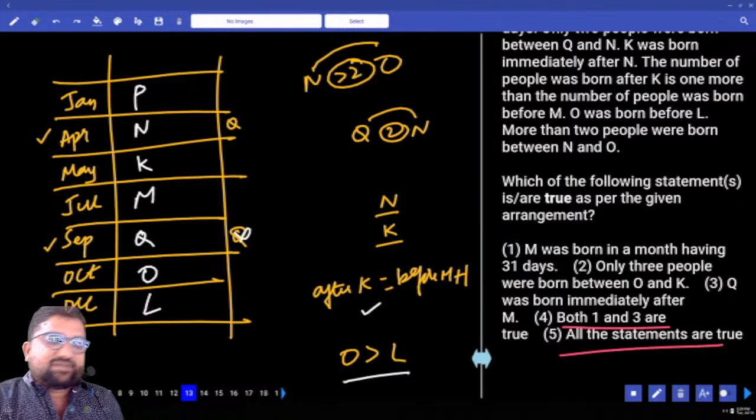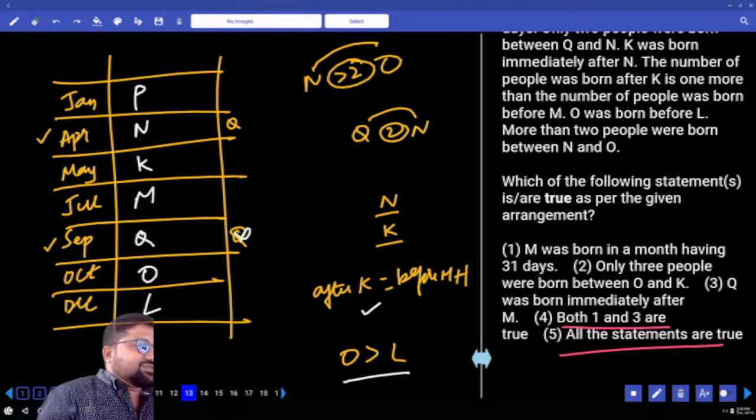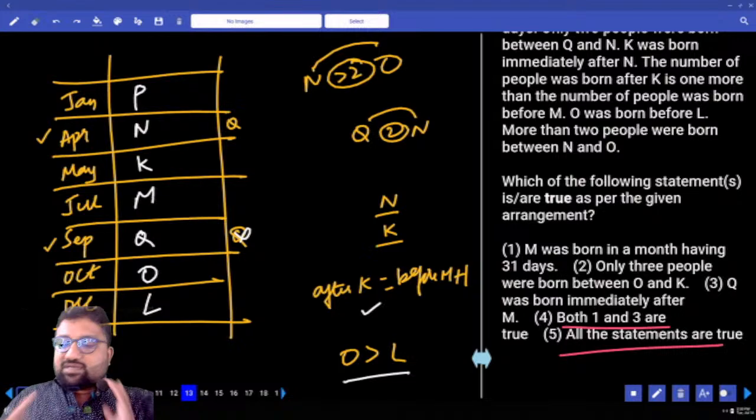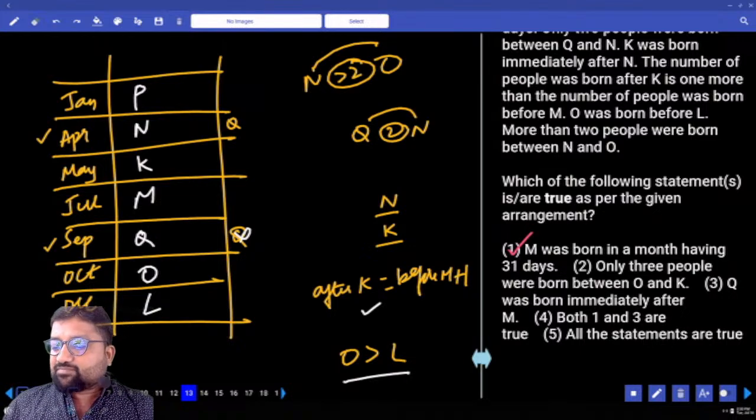And the only 3 people were born between O and K. Do you know? No. Second option is wrong. What is the third one? Q was born immediately after M. Yes. What's my answer? Both 1 and 3. Always remember my point. Whenever first option is the answer, please recheck the options, because the first option is always a trap.